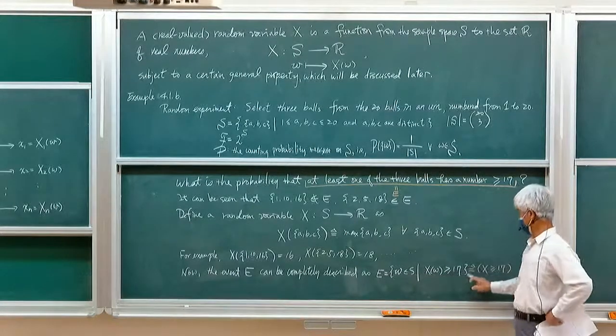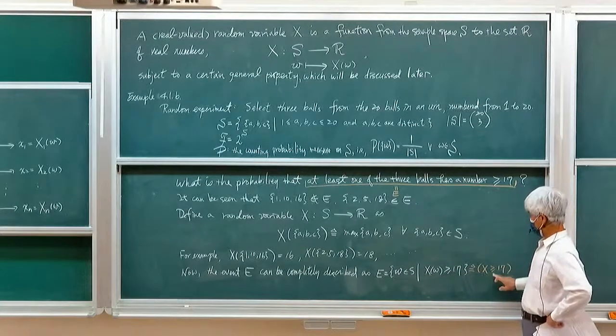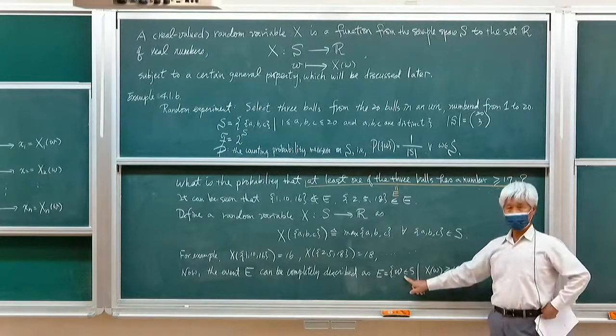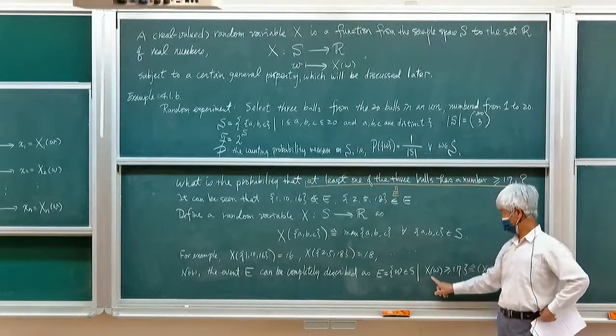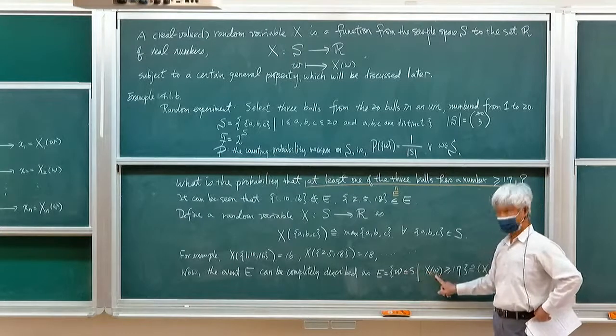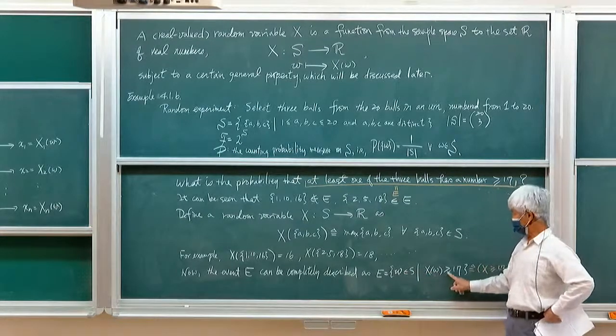It means that this event contains all outcomes such that the function value of the outcome is greater than or equal to 17.